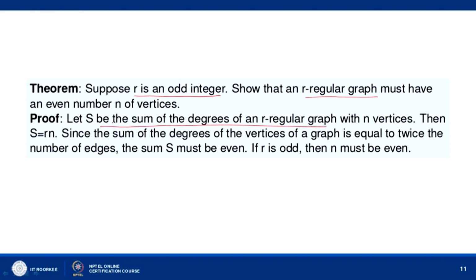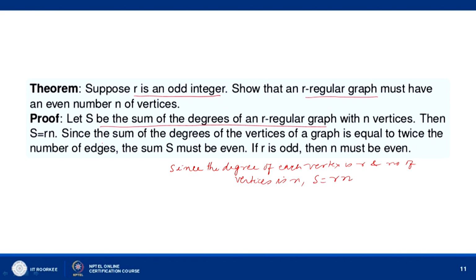So, if S is the sum of the degrees of an r regular graph with n vertices, then S is equal to r into n, since the degree of each vertex is r and the number of vertices is n. So, S is equal to r into n.